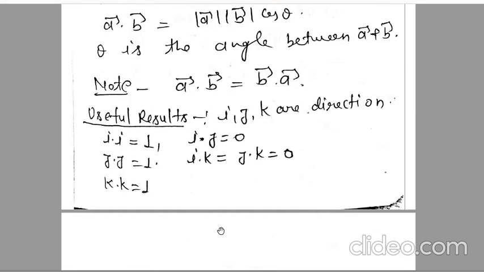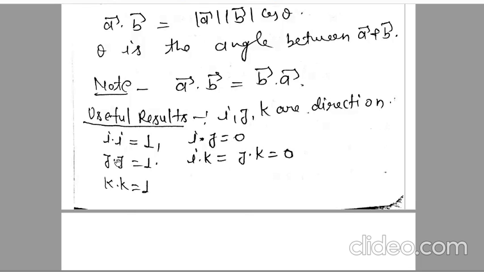Now if i, j, k are the directions in X, Y, Z, that means i direction is on the X axis, j on the Y axis, k on the Z axis. So i dot i is 1, j dot j is 1, k dot k is 1, i dot j is 0, i dot k is 0, j dot k is 0.